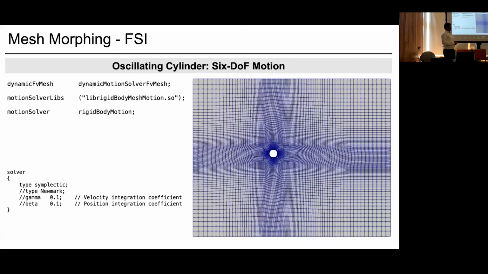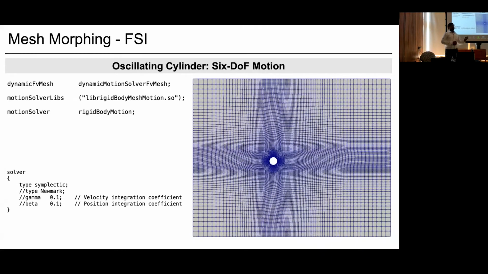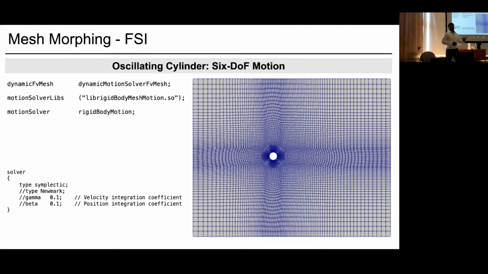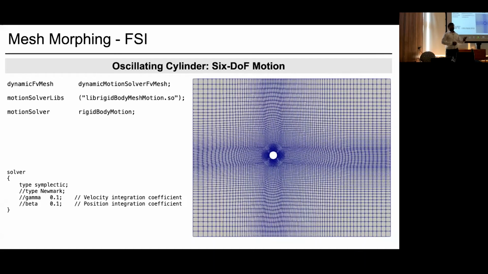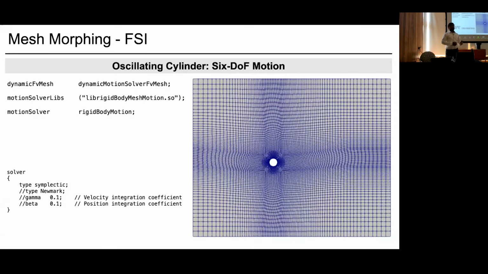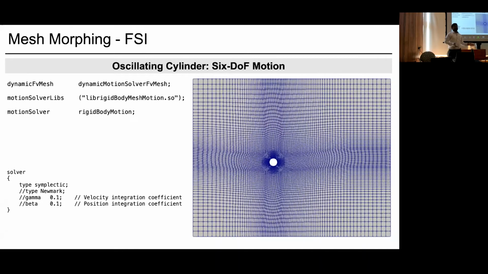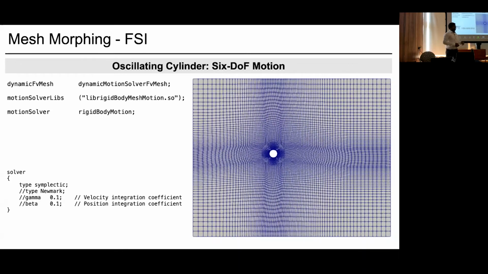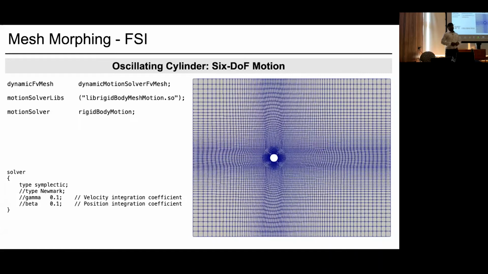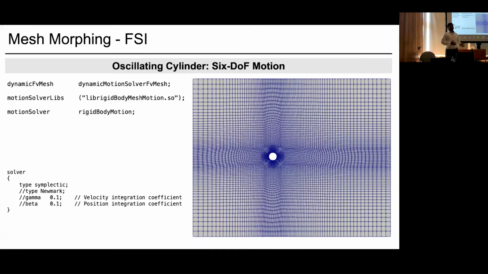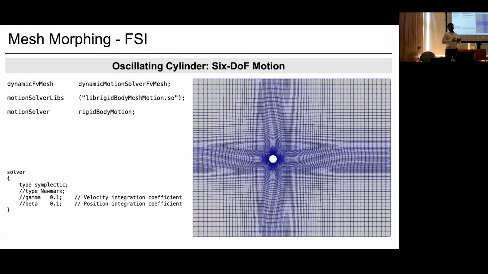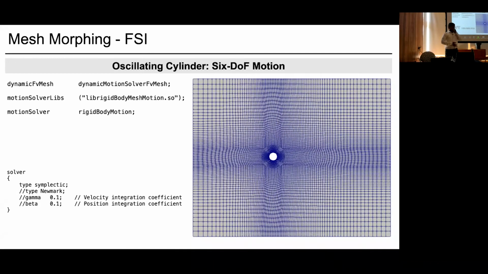Since it's a two-way coupled simulation, we also need a structural solver, which solves the oscillator equation for the structure, m x double dot plus c x dot plus k x equals f. There are multiple solvers available in OpenFOAM. Here I have given two different examples: one is symplectic and another is Newmark. For each of these schemes, you have different coefficients related to it.